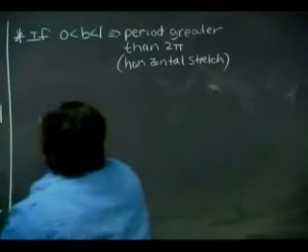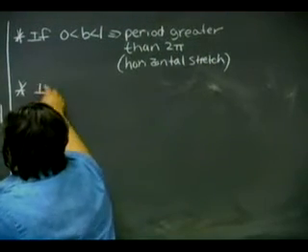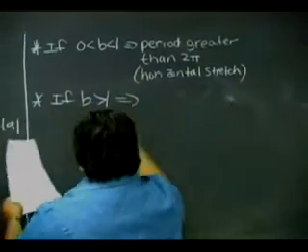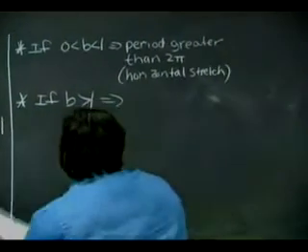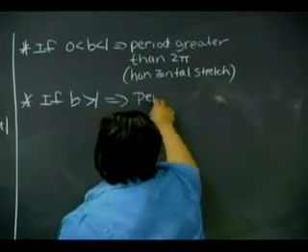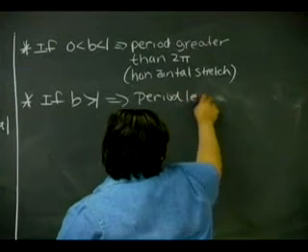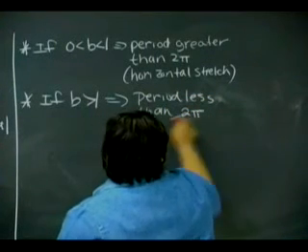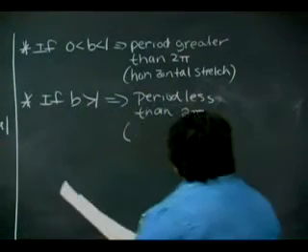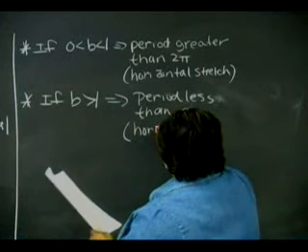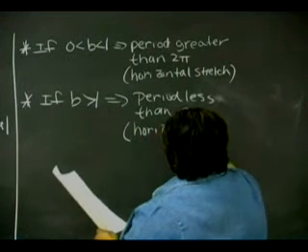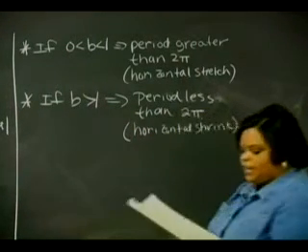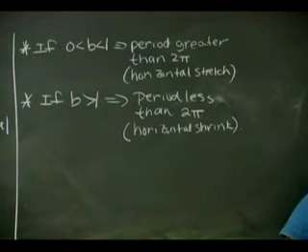Okay? If B is greater than 1, then we have a period less than 2 pi. And this represents a horizontal shrink. Okay? And we need to know what that period is.